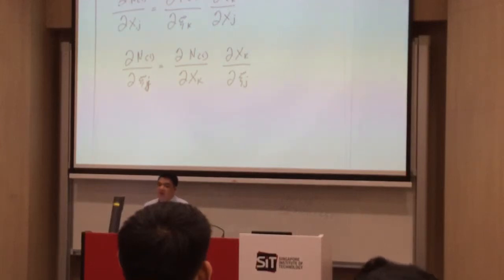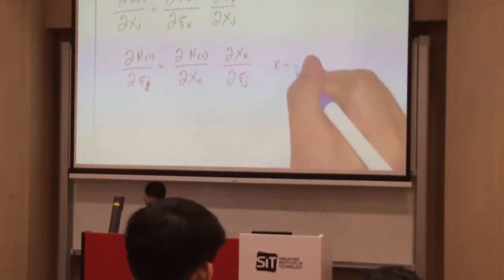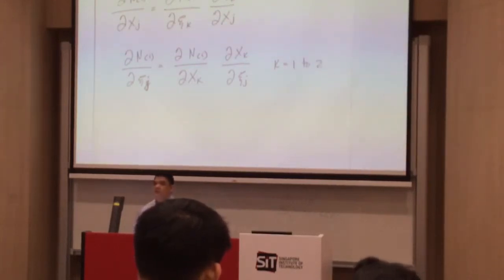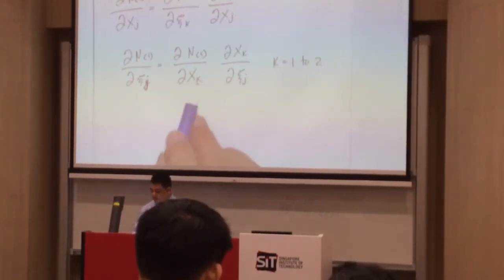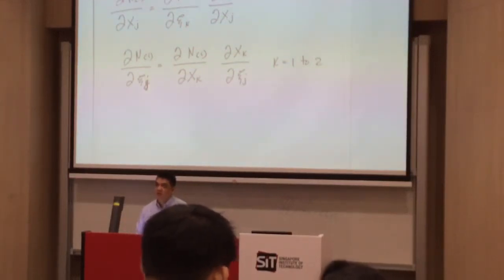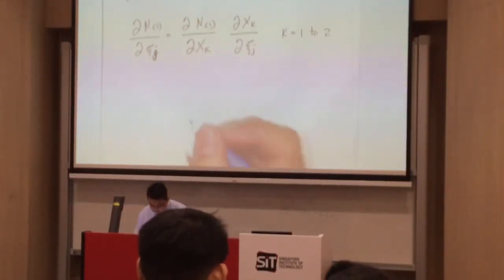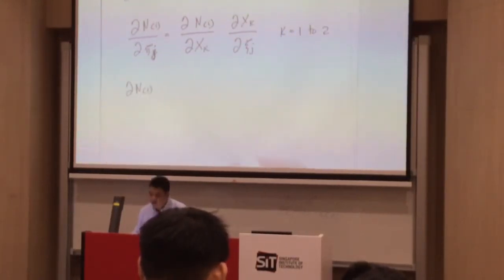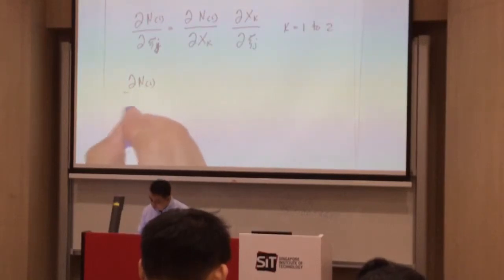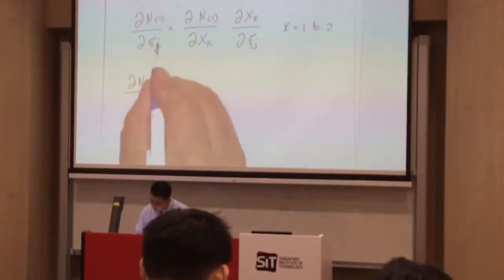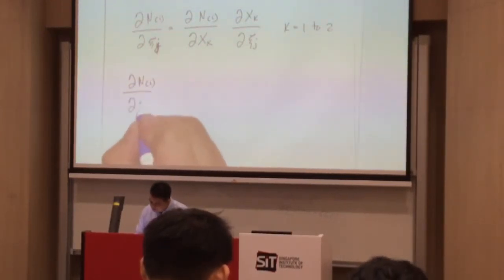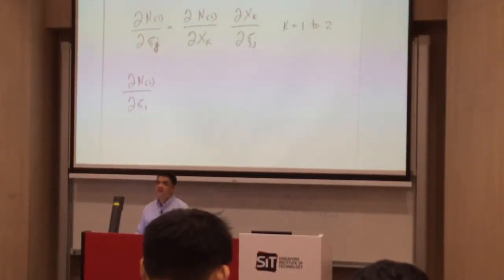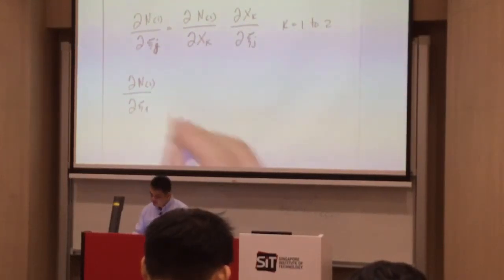So what will be the value of k? Your k will be from 1 to 2, so x1, x2 later. Let's try to determine that. So you have now your partial of Ni with respect to c1. Let's try to expand this one.